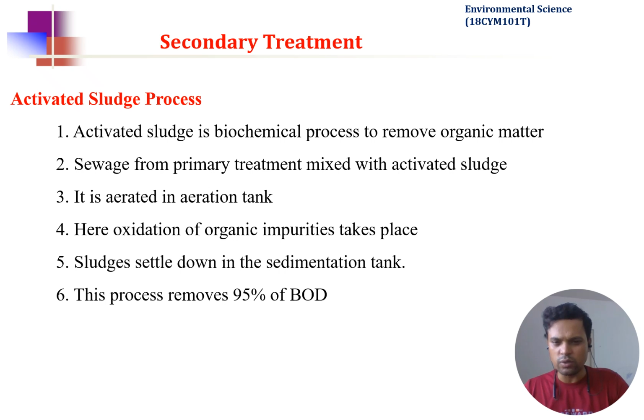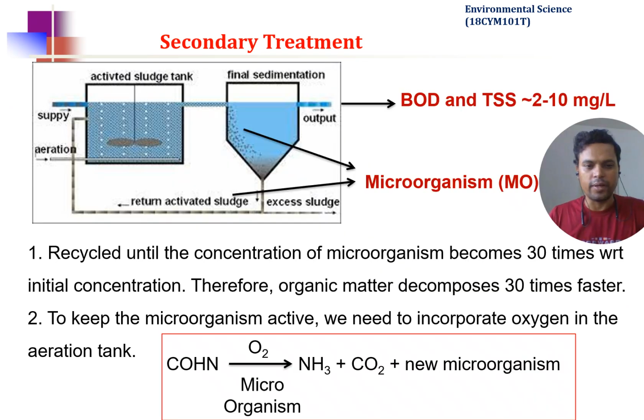So basically 2 or 3 days is the maximum they take to clean all this wastewater in a particular tank, and then this water is either discharged or sent to another plant for further refinement to get purer water. We already discussed this a little bit. This is the aeration tank where we have bacteria that digest the organic material.